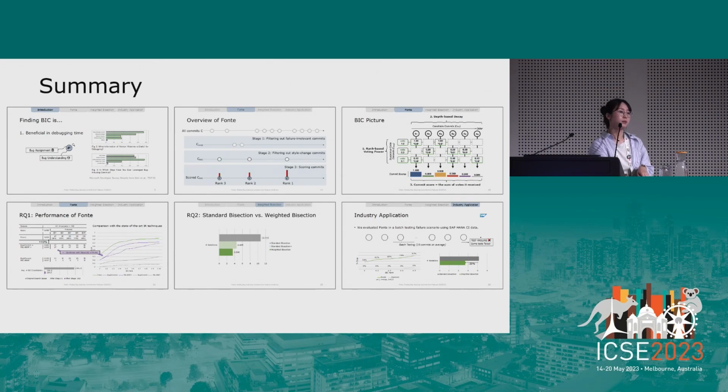Have you evaluated on the very complicated commits with this coverage-based approach? Thank you. We haven't analyzed the specific commits, but in those cases, I think that taking the intersection between the failure coverage and the BIC will help you narrow down or prune the other unrelated code changes.